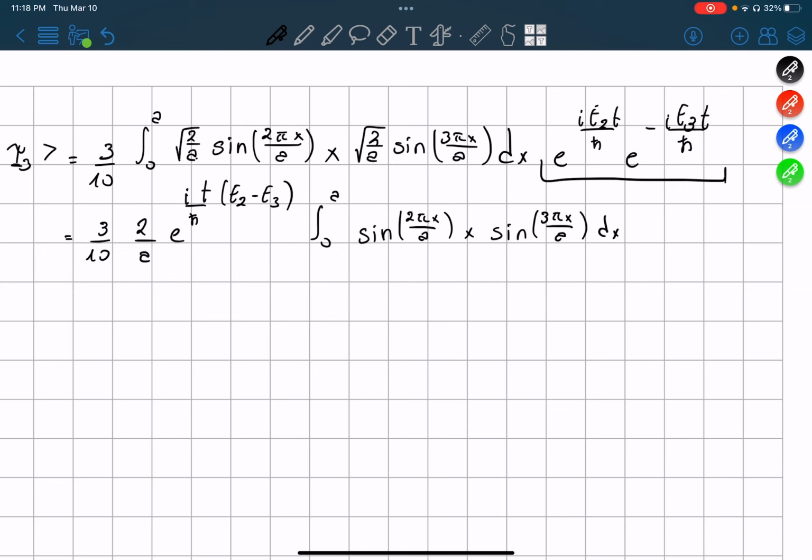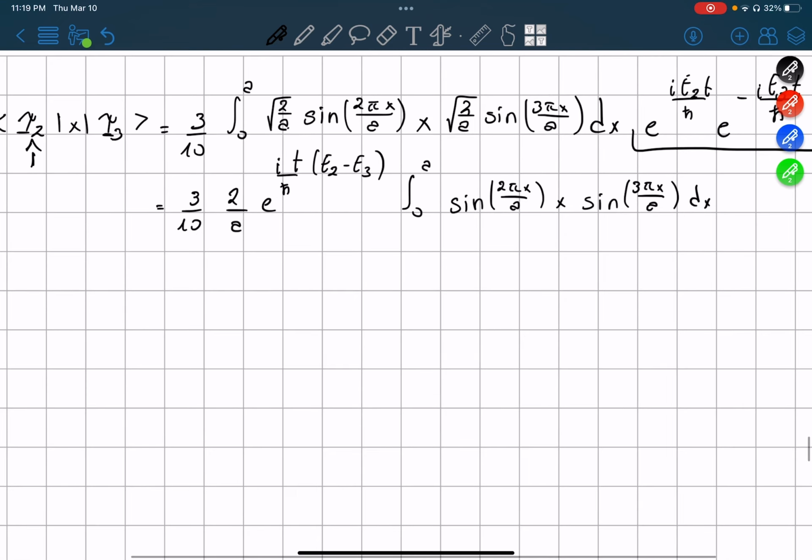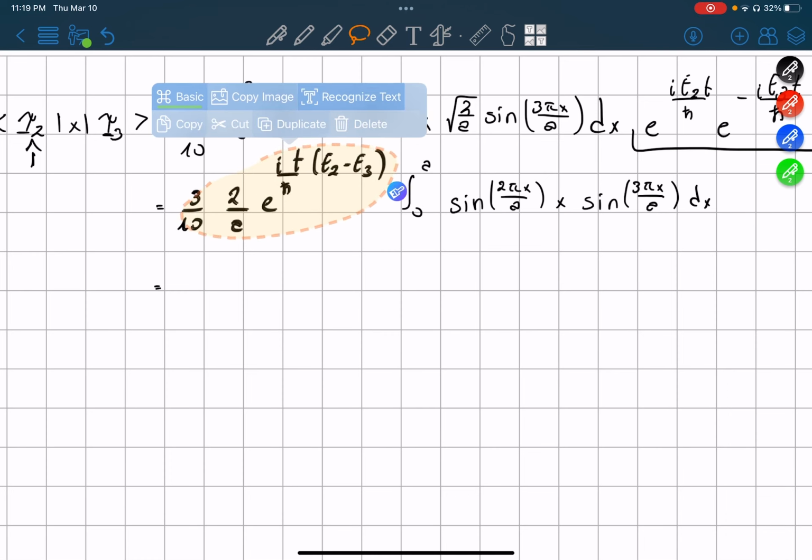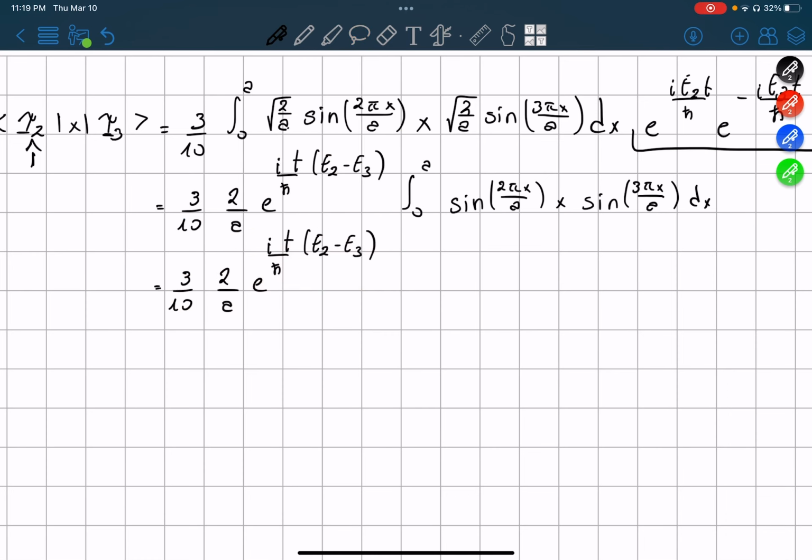So I'm not actually going to do this, I'm just going to use an integral calculator. So I have sine of 2 pi x over a, x, sine of 3 pi x over a from 0 to a dx. And so it's going to be equals to, this part is the same, we said.